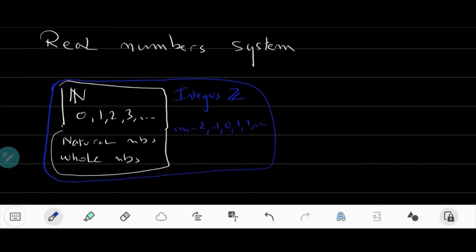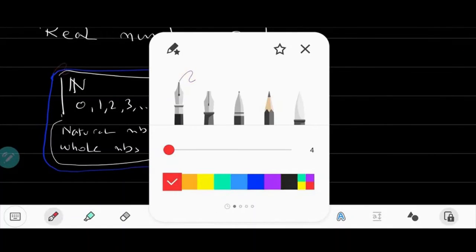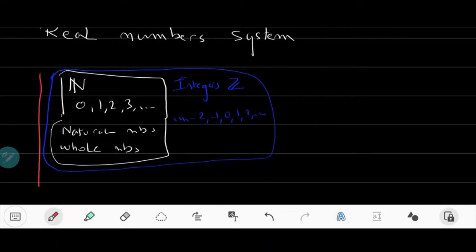So we define also the set of parts of numbers, let me say. So we define also the rational numbers set. The rational numbers set will be something that includes all the sets that we have defined before.